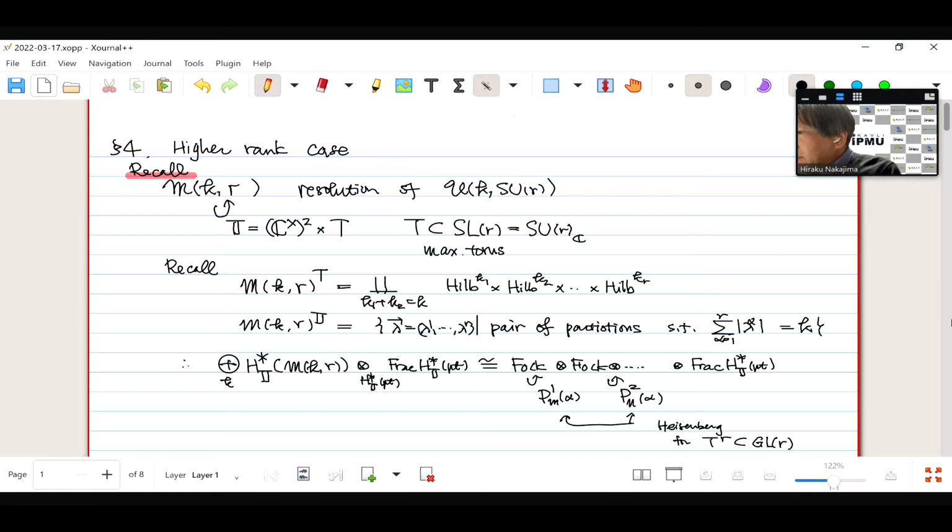So I first recall what I explained at the last moment of my second lecture. M_{K,R} is a symplectic resolution of the Uhlenbeck space, and it has the action of an R plus one-dimensional torus, which is the product of (C*)^2 times T. T is the maximal torus of SL_R, and the (C*)^2 acts on the base.